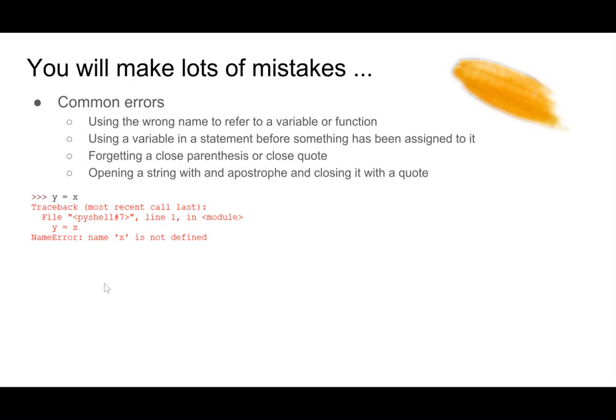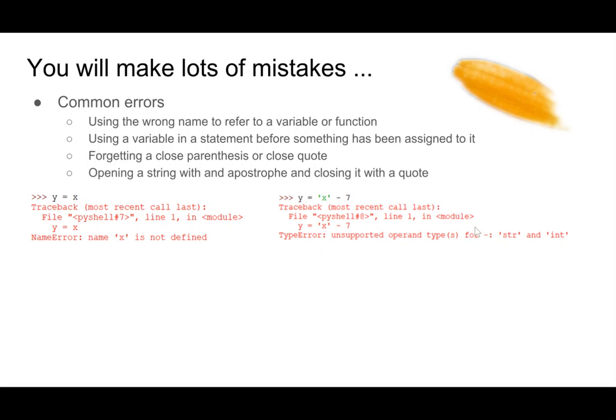So here's an example of where I say y equals x in the shell, and I haven't defined what x is, and so I get a name error because x hasn't been defined. That may be an error that you get at some point. Y equals quote x quote minus 7.